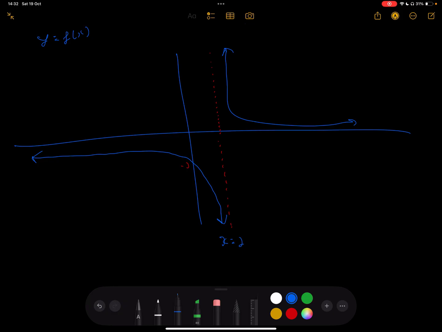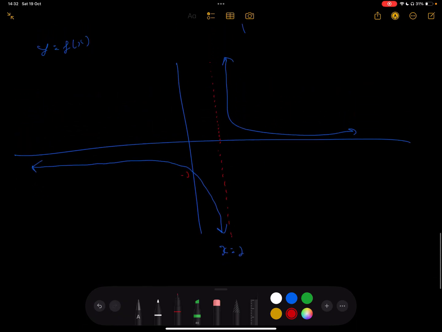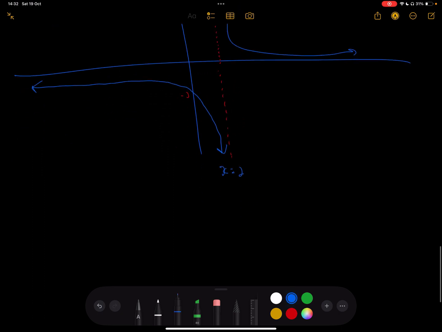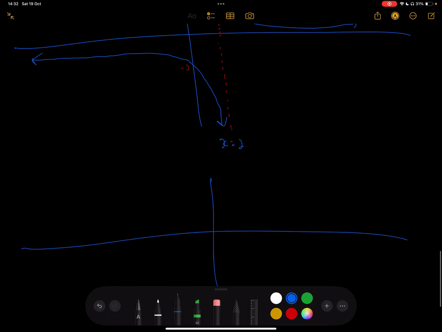Well, what do we do? We know that we always square the y values when dealing with y is equal to f of x squared, because f of x is being squared, therefore y is being squared. So what do we gain? Well, this -3 is not going to be -3 anymore. It would be +9, because -3 squared is +9. So it would intercept the graph up here.